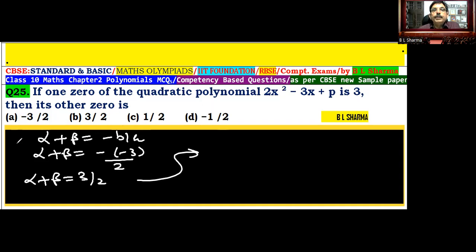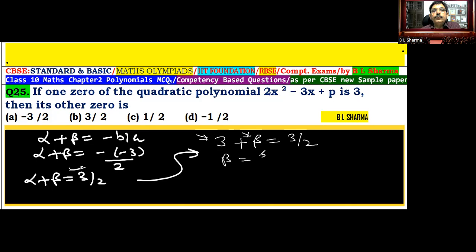Out of these two zeros, one zero is given to us, and that zero is 3. So in place of alpha you can put 3, and beta is the other zero, and the sum of the two zeros is 3/2.